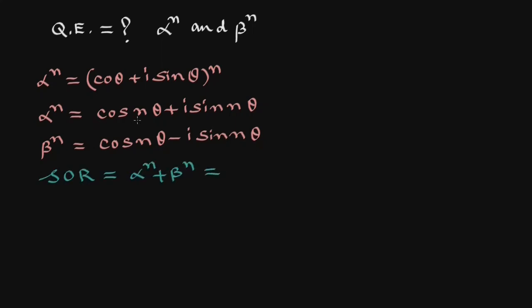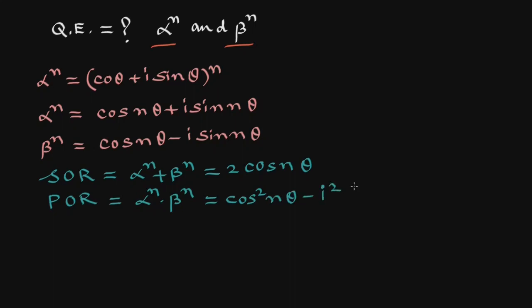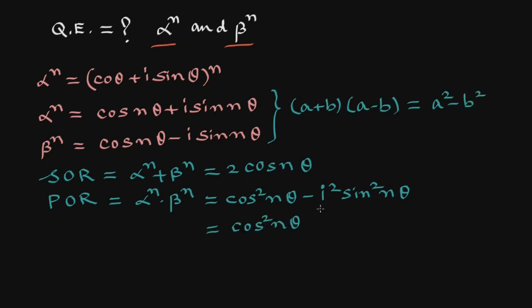That will be 2 times cos n theta, because i sin n theta minus i sin n theta will be 0, and product of roots alpha raised to n into beta raised to n will be cos square n theta minus i square sin square n theta. And this is according to the identity a plus b into a minus b is a squared minus b squared. This i square being minus 1, it will be cos square n theta plus sin square n theta, which is 1.